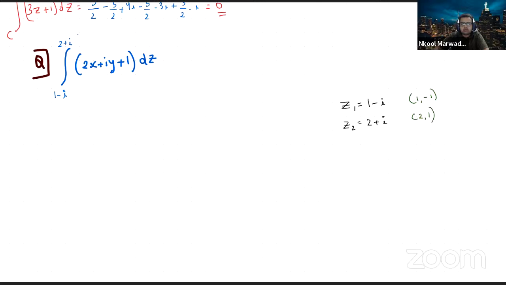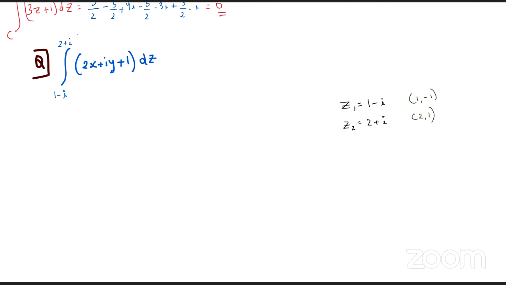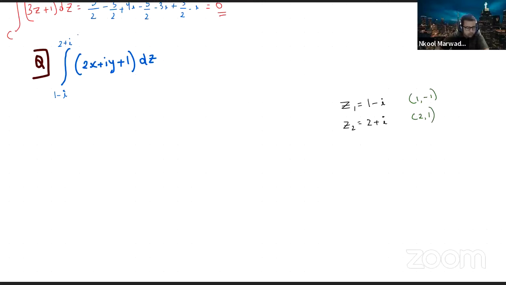Now I can visualize this. So see, whatever I have written, that is right. The lower limit is 1 minus i, and the upper limit is 2 plus i. So 1 is the real part and minus 1 is the imaginary part: 1 comma minus 1 and 2 comma 1.